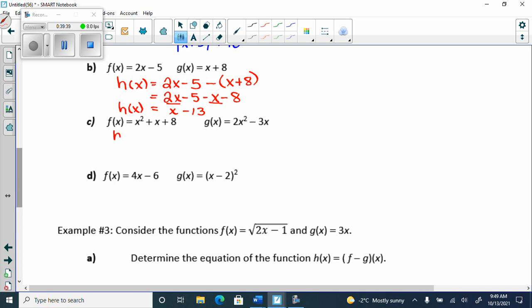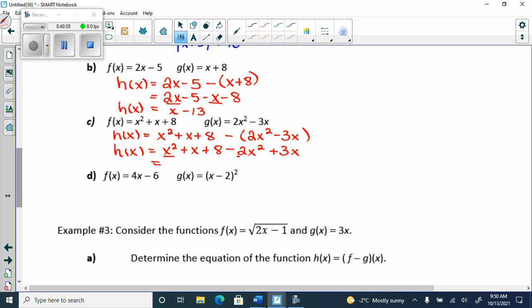So h of x equals x squared plus x plus 8 minus 2x squared minus 3x. And I have to remember that I'm minusing everything that's behind the subtraction sign. So h of x equals x squared plus x plus 8 minus 2x squared, and then minus a minus 3 is actually plus.